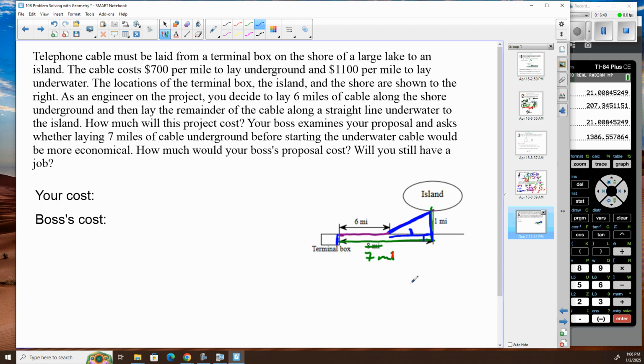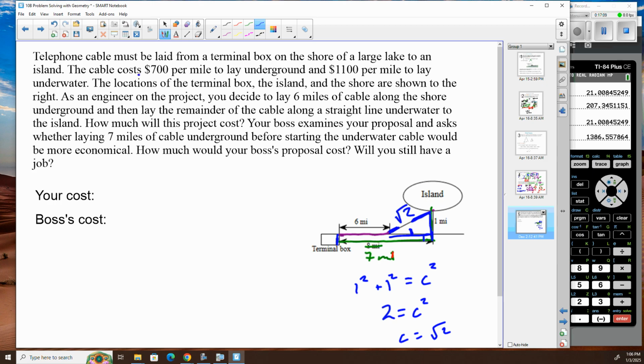So I'm going to be doing the Pythagorean theorem. a squared plus b squared equals c squared. So my a and b are both going to be 1. So I go 1 squared plus 1 squared equals c squared. 1 squared is 1, so I get 1 plus 1, which is 2. So I have 2 equals c squared. So c, I square root that, and c is going to be root 2. So you're going to have root 2 miles that you're going to do underwater.